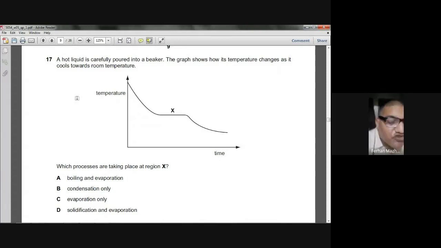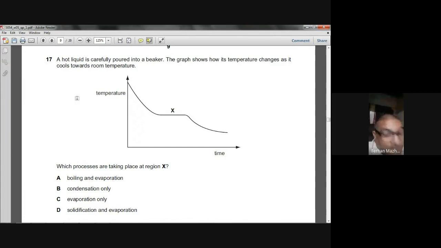Whenever this cooling curve becomes flat, it means two things: either the state is changing, or the room temperature has been reached. So what will happen at X? It was a hot liquid, the cooling curve came down, and then it became flat. So which process is taking place at the region X?